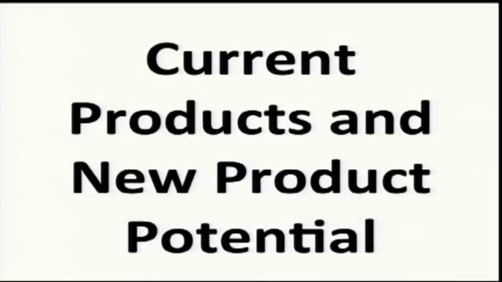Another way to do this is to take a current product and a new product potential. You see, you might have products that your potential strategic buyer can use immediately within their own existing distribution channel. This alone may be sufficient to justify the entire acquisition.